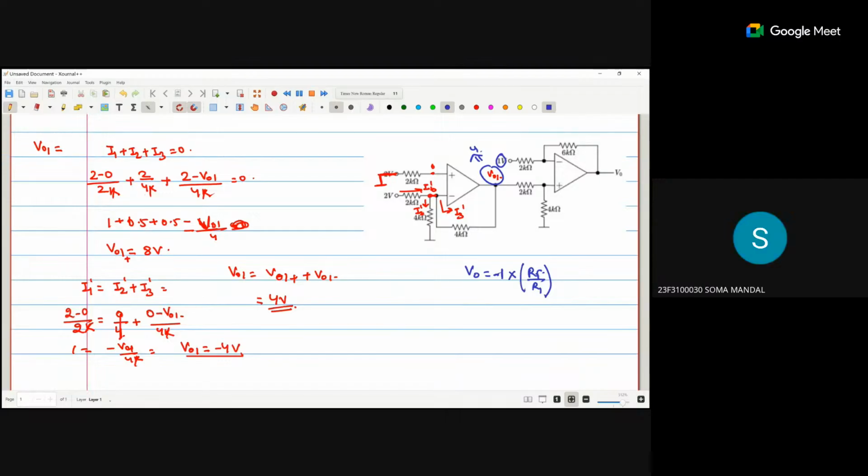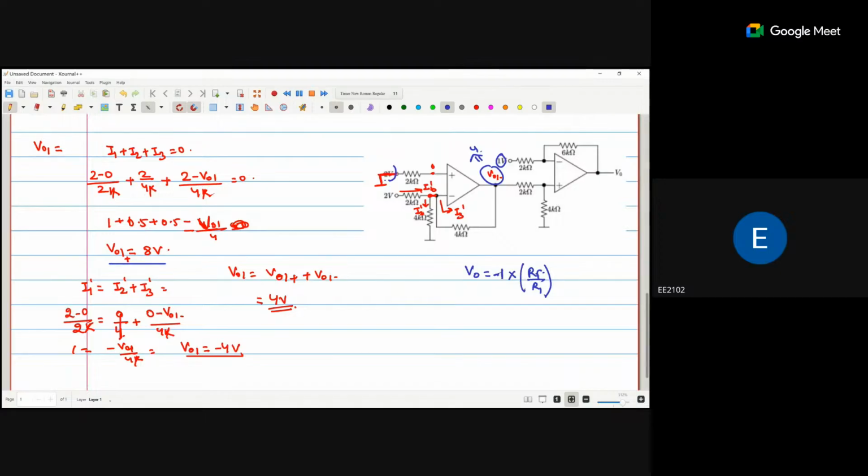Sir, we have to find V01 and V02 separately. You find V01, that is 8 volts. First I consider the positive terminal voltage, so I am getting the V01 positive.